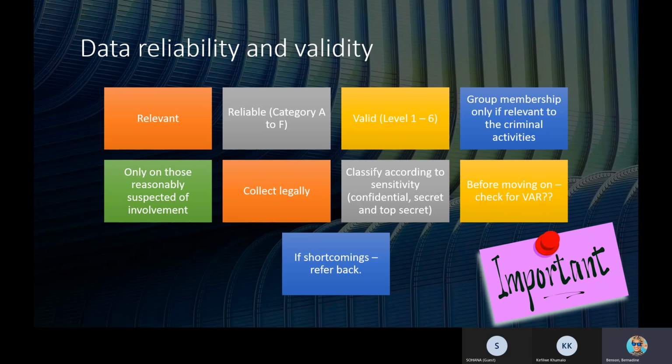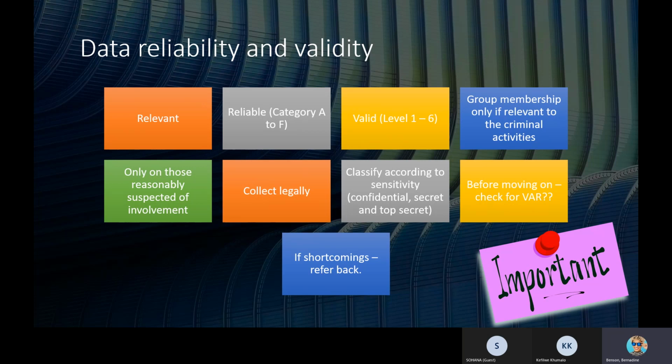It must be reliable, and on page 19, there is a reliability rating system in terms of which you can categorize the reliability of the data, from absolutely reliable, category A, to cannot be evaluated, F. So then you take that not with a pinch of salt, but a bag of salt.